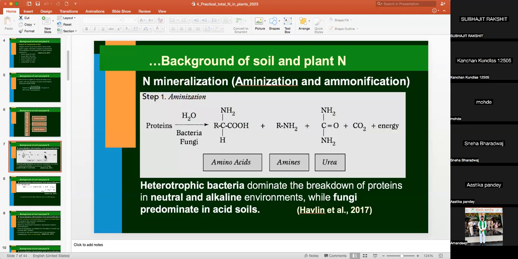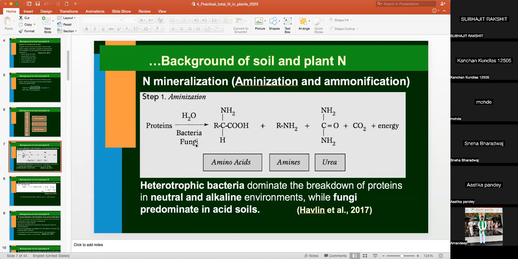Now you see what happens in aminization, as discussed by her. Proteins, in the presence of water in soil, with bacteria and fungi in soil. As you know, bacteria dominate in neutral to slightly alkaline soil, and fungi dominate in acidic soils.